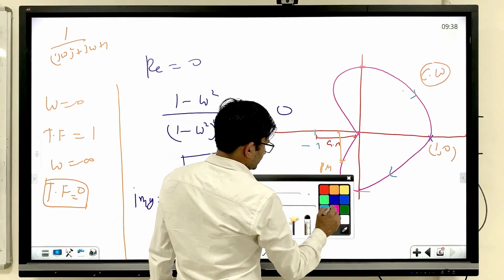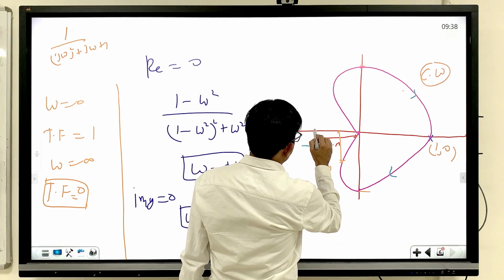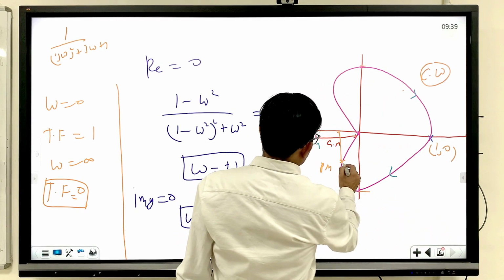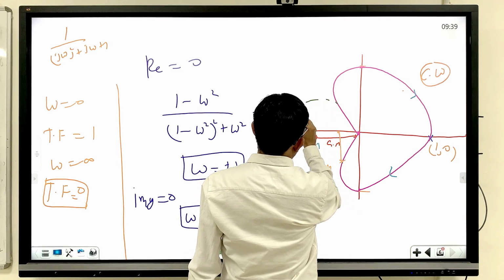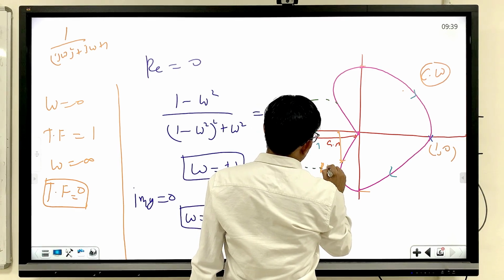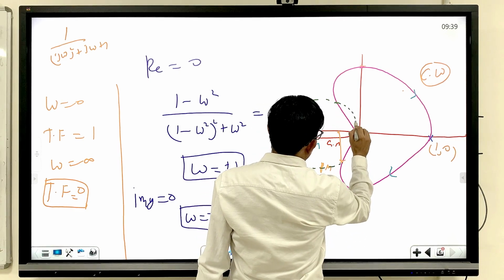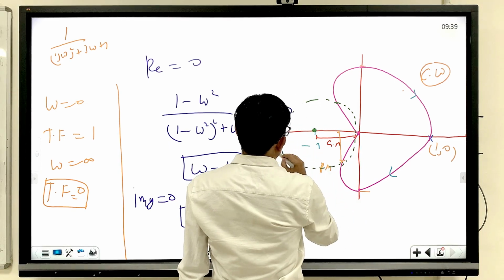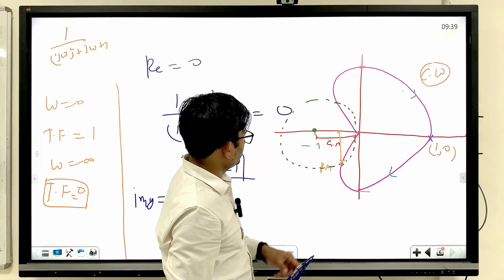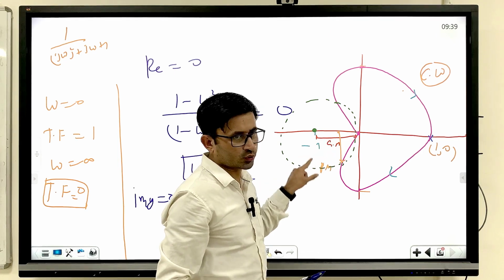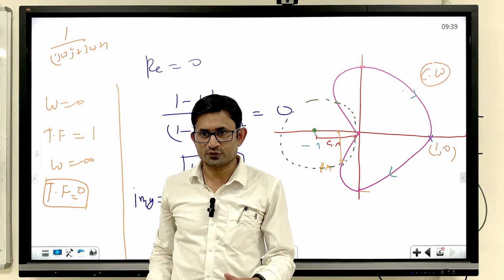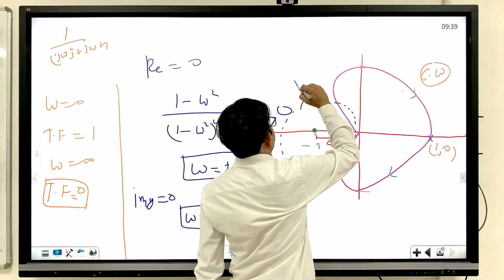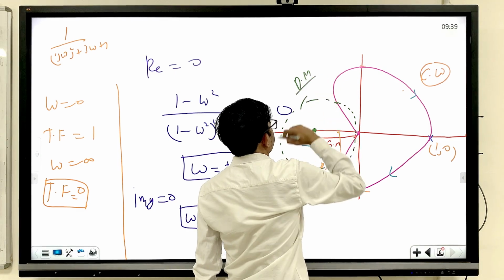Let's say if it is crossing here and here, then if you draw the circle, so actually you can look at gain and phase together, not individually, gain and phase together, then it is called disk margin.